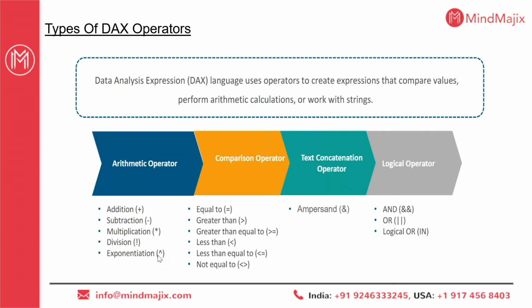You must have used this in Excel, so you can correlate it. When you want to join 2 names, you have the first name in one column and the second name in another column, and you want one complete name, so you concatenate both columns. In DAX, concatenation is symbolized with the ampersand, and when you use it, it will concatenate the 2 different columns or whatever you want to concatenate.